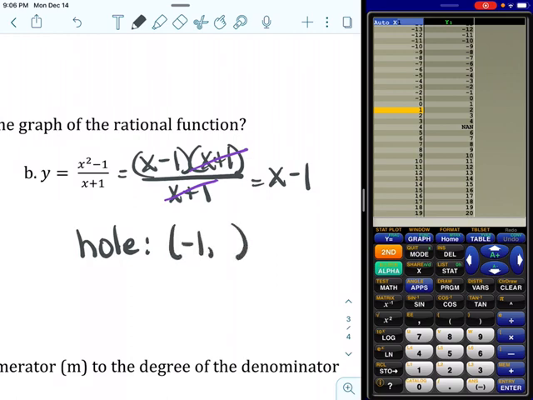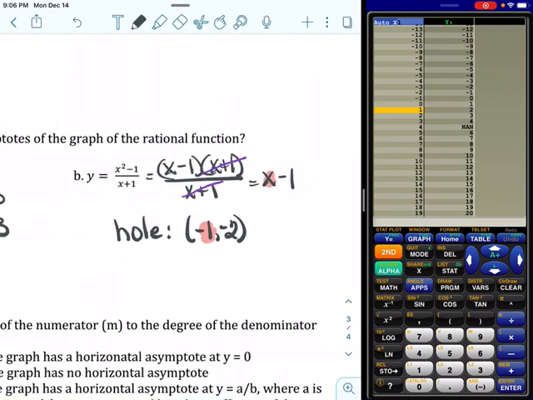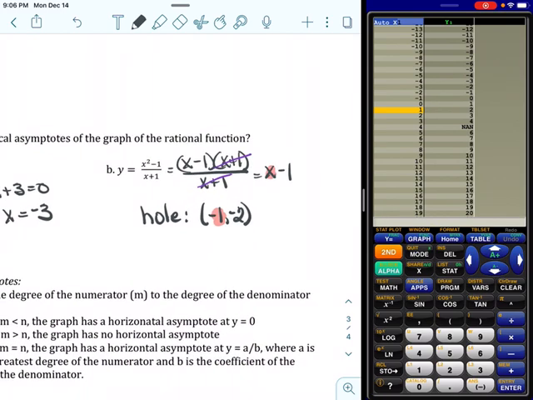We're going to have to figure out what that is. To figure that out, I'm just going to put -1 over here, and I'm going to get -2. We're going to talk more about that. Right now, I just want you to know the difference between a hole and a vertical asymptote. For a vertical asymptote, set the denominator equal to 0 and solve. Holes happen when we can reduce the fraction, and what gets reduced out, that's where the hole is.